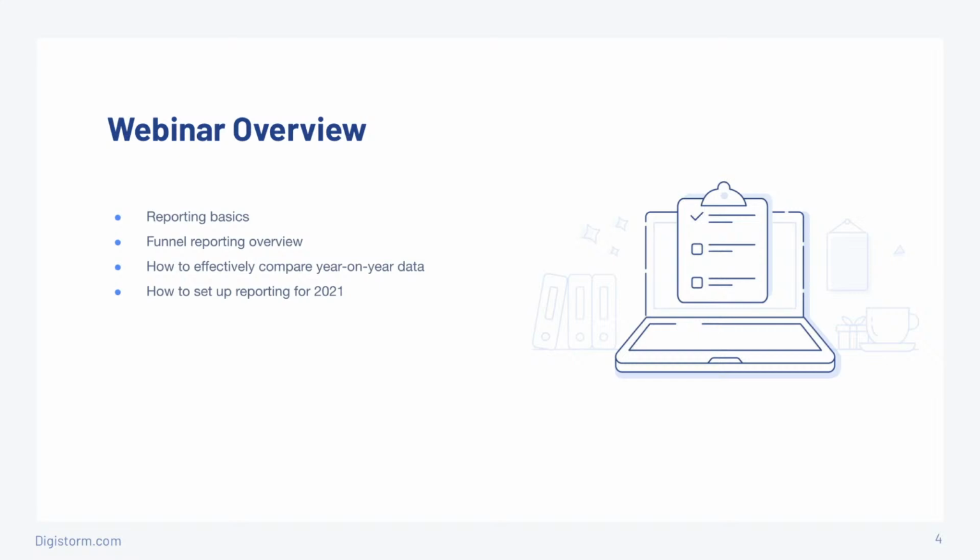But again, if you're fresh with your funnel and you don't have that much data in there just yet, that's fine. We'll go through some shorter time periods as well and how to compare those. And lastly, we'll set up your reports for reporting 2021. So setting and forgetting, we want to make sure that you can automate your reporting and all your processes as much as possible. So we'll go through how you actually set those reports up now so they're working for you throughout the year, and you can just jump in and keep an eye on them as they're doing all the hard work for you. At the end, we will have time for some report-related questions.